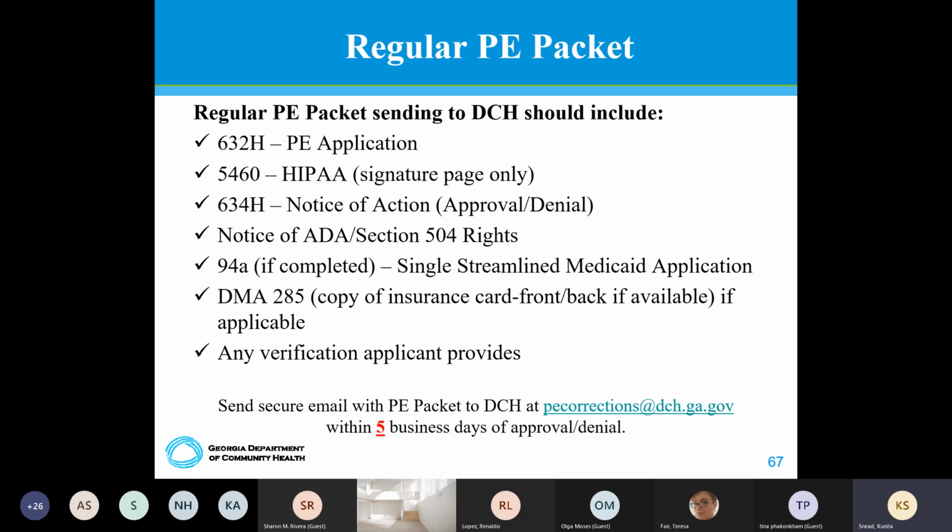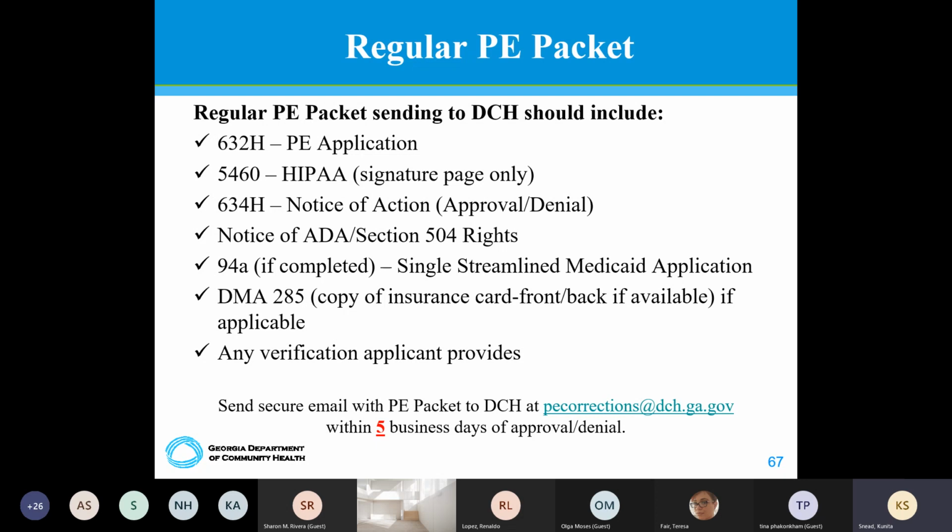So if there were 5 people in the household and all 5 people were approved, I need all 5 634Hs in there. If there were 4 people approved and 1 denied, then I need those 4 approvals and 1 denial notice. So 634H for all individuals, including ineligible individuals. Copy of the notice of ADA Section 504 rights.